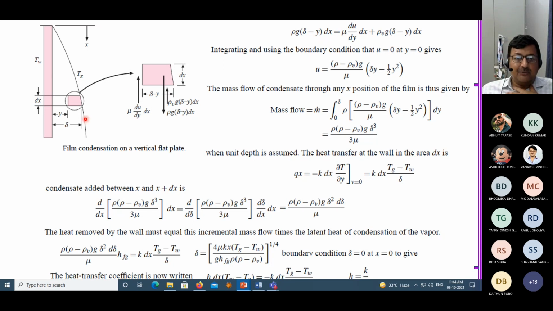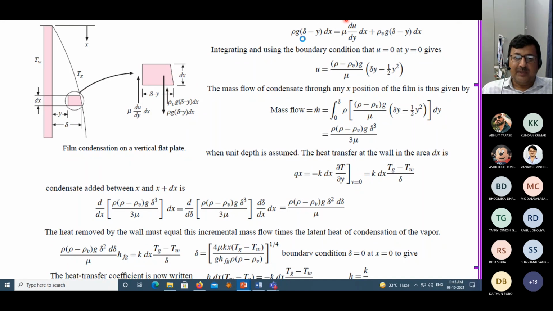Whatever liquid is coming down is balanced by the vapor going up, and then you have the viscous force. This is the liquid coming down, and this is the viscous force working against this flow. The viscous force is acting in this direction, the liquid is flowing in this direction, and the vapor is flowing in this direction.